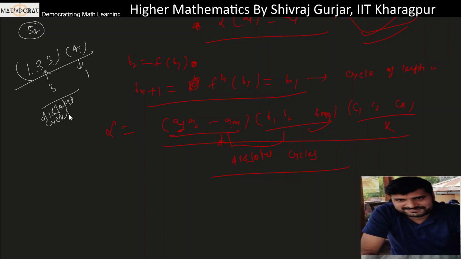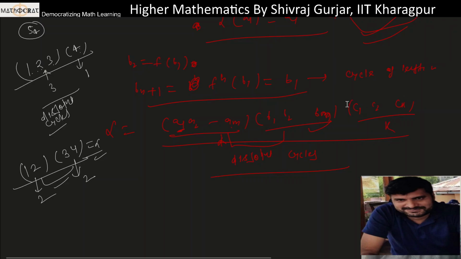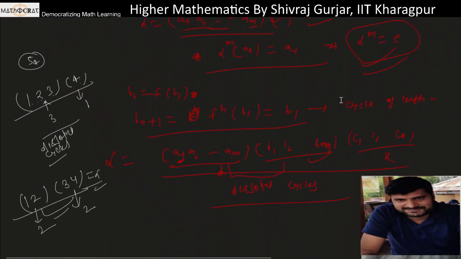Similarly, 1 2 and 3 4 if we take in S4, these are also disjoint cycles because there is nothing common between them. The length of this cycle is 2 and this is also 2. If this is the permutation alpha, then these two are the disjoint cycles. Okay, I hope the concept of disjoint cycles is clear.